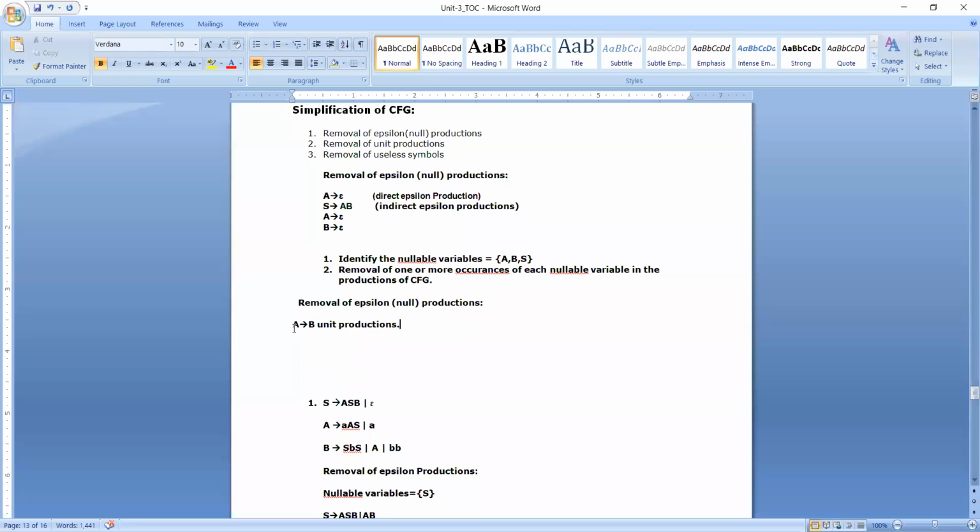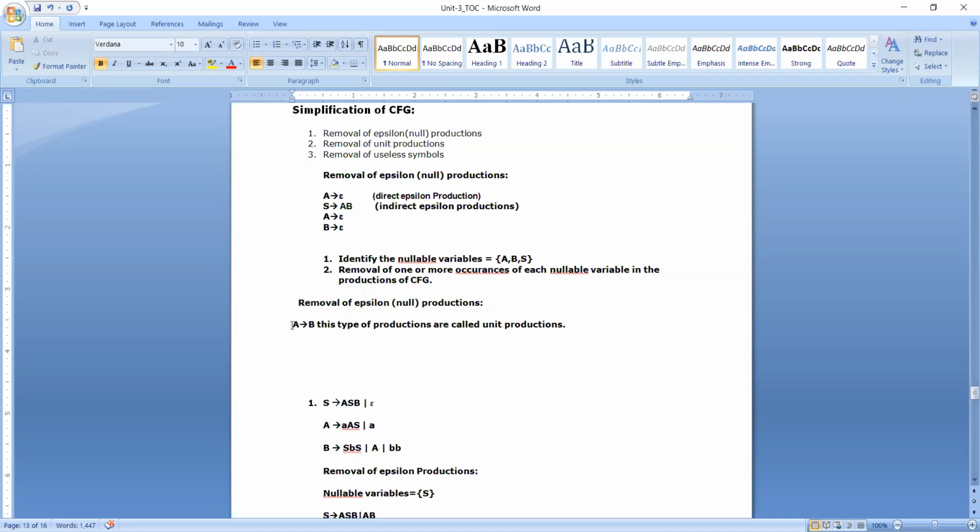Okay, so please try to understand. If I want to call some production a unit production, the left hand side must be one variable and the right hand side must be one variable. Then we can say that this type of productions are called unit productions.